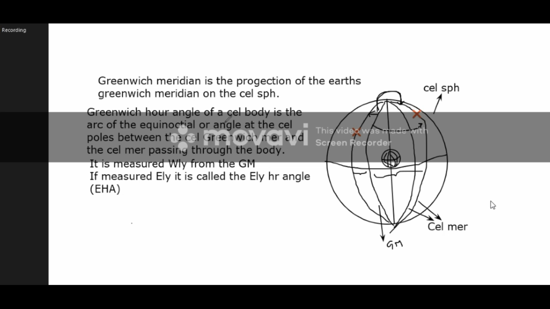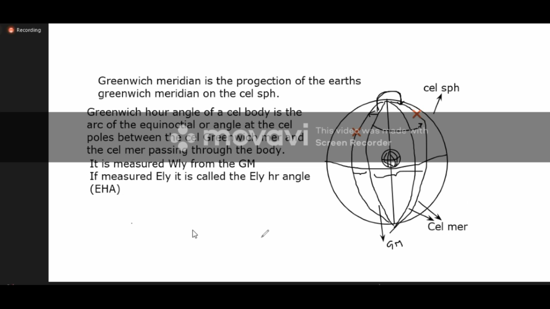Excuse me sir, when is the easterly angle used? It is never used. Sometimes if EHA comes in a numerical or a definition, then you have to say EHA is the GHA but measured easterly. Normally there is no use of EHA. But sometimes in definitions, instead of LHA, they say EHA just to confuse the people.